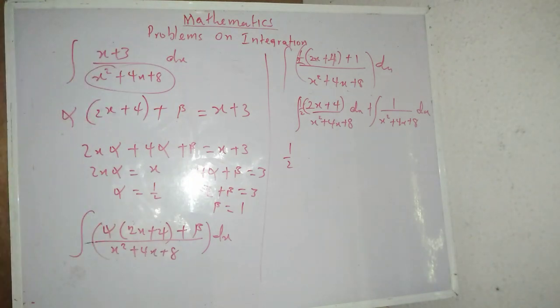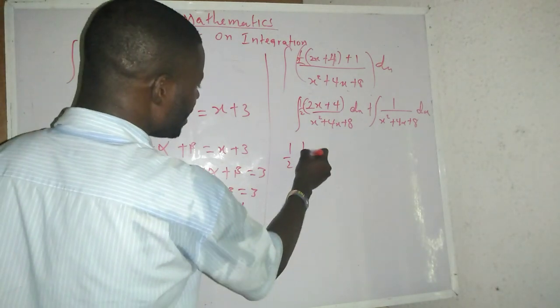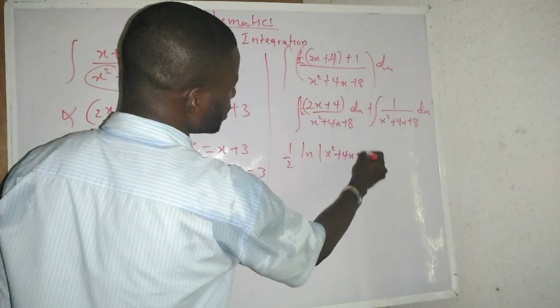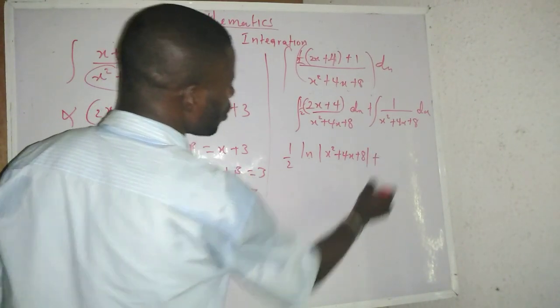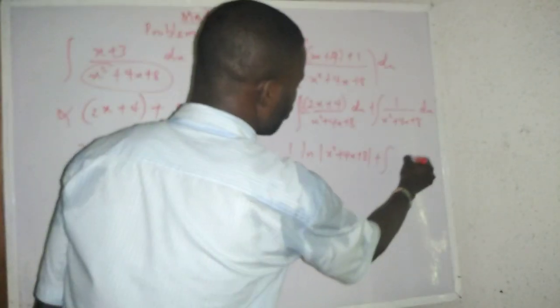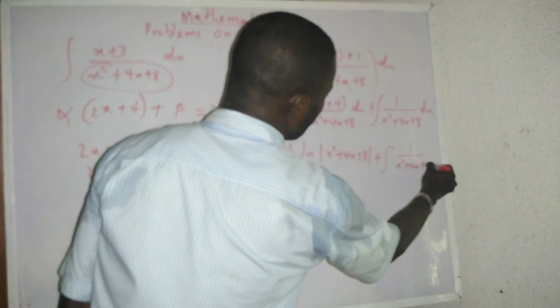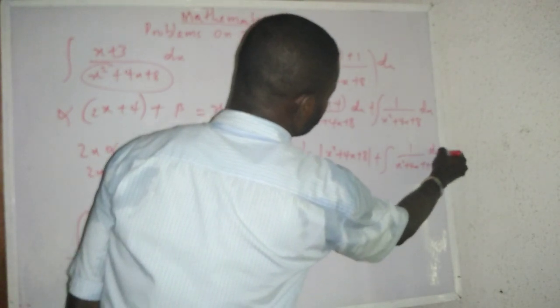1 all over 2 ln x squared plus 4x plus 8 plus, now, the integral of 1 all over x squared plus 4x plus 4 dx.